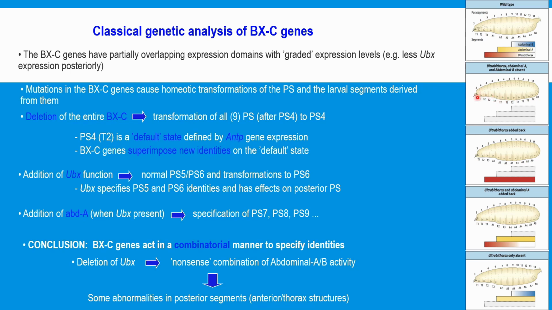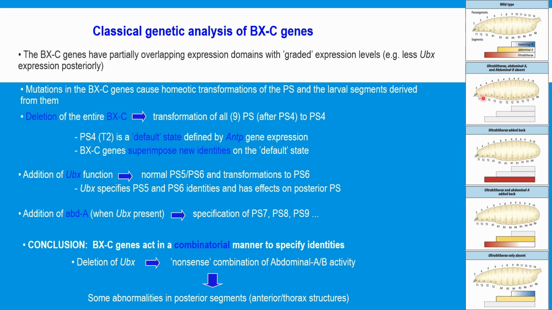And this gives rise to the idea that parasegment 4 became the default state, and parasegment 4 itself was defined by Antennapedia. This implies that the expression of the bithorax complex, these 3 genes, superimposes new identities on top of this default state.